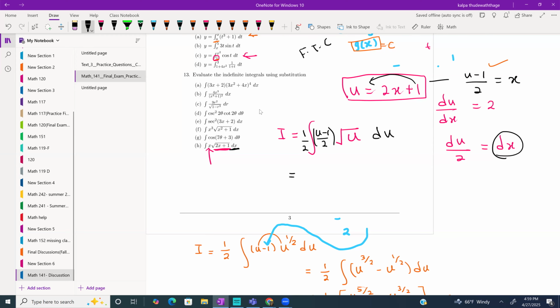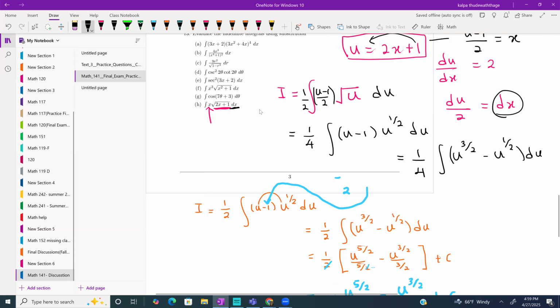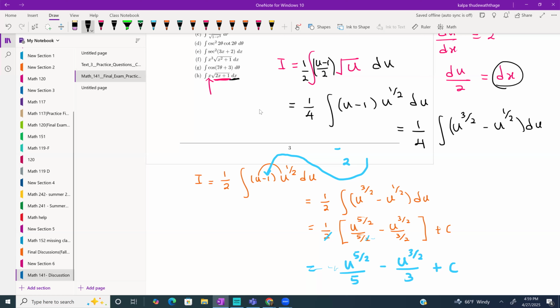That means you have to take the 2 out. It's 1 over 4, u minus 1, u to the power half here. It's 1 over 4, integration u to the 3 over 2, u to the 1 over 3. It's similar to this one.